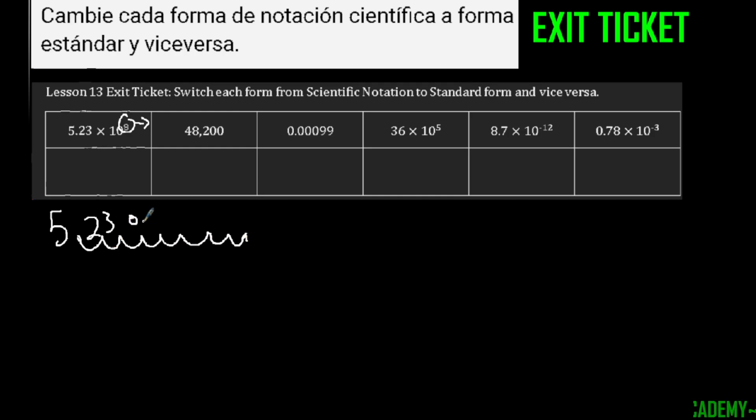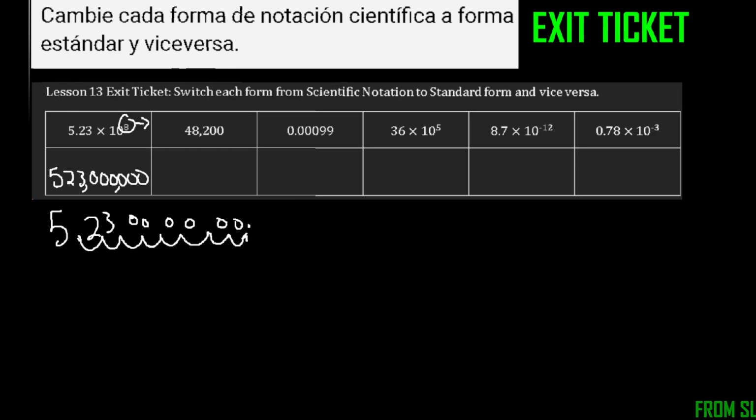So I have to fill in zeros everywhere. So I'm going to write it like this. I have 5, 2, 3, and then 1, 2, 3, 4, 5, 6 zeros. Make sure you can write them like that.